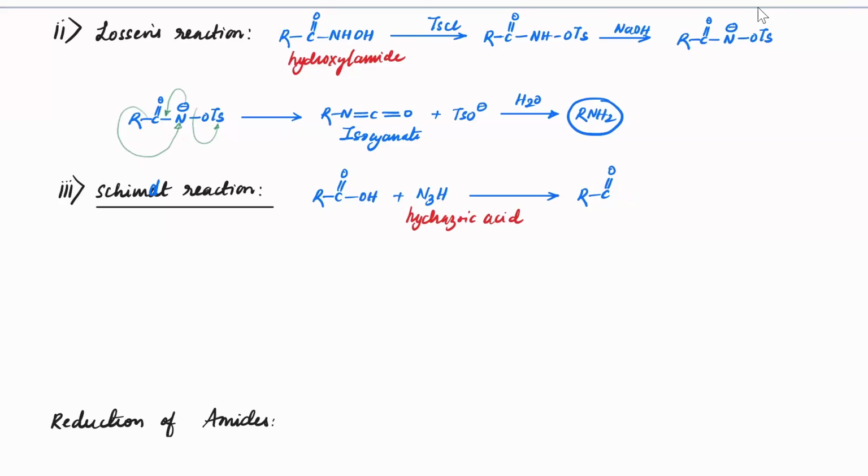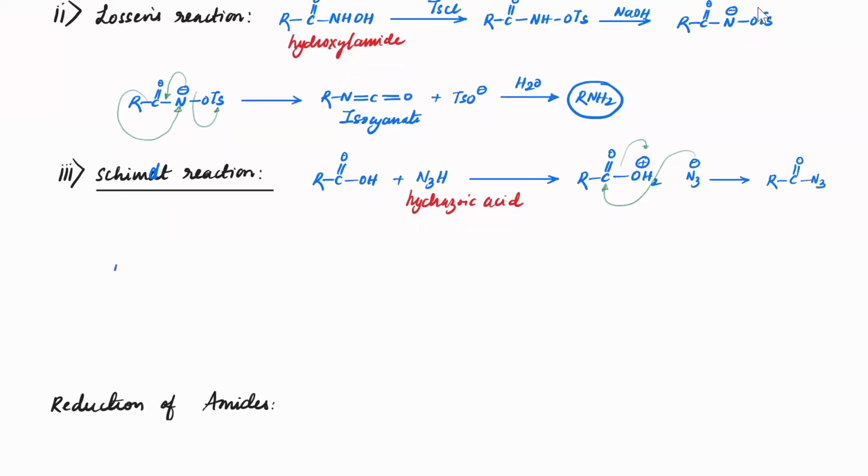I will give you the mechanism also here. So we get this as OH2 plus, first a kind of protonation from hydrazoic acid, and then N3 minus will attack here and leave this group. In that way, we will get RC double bond O N3.